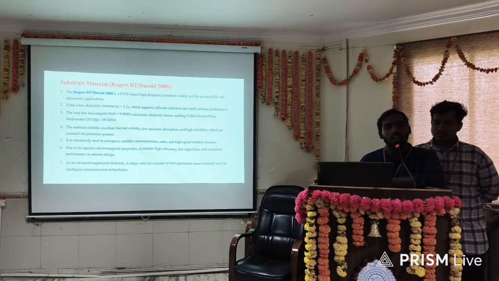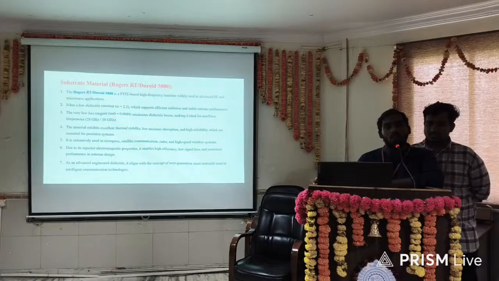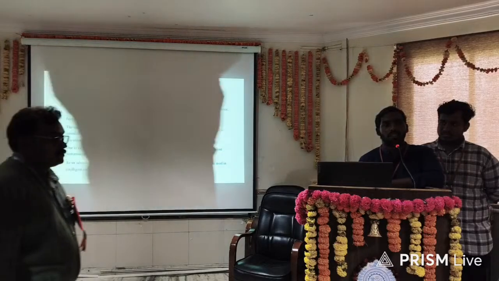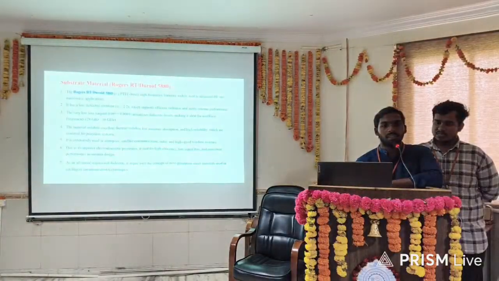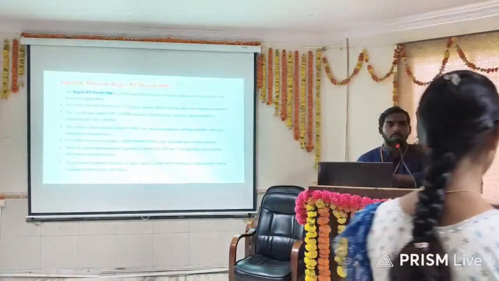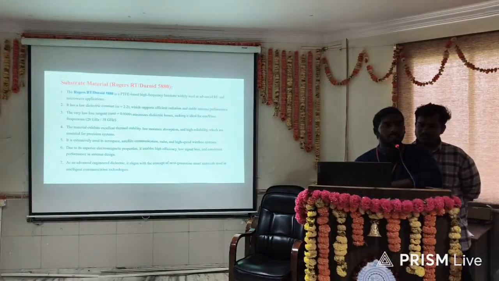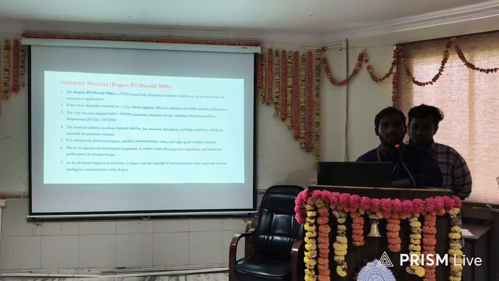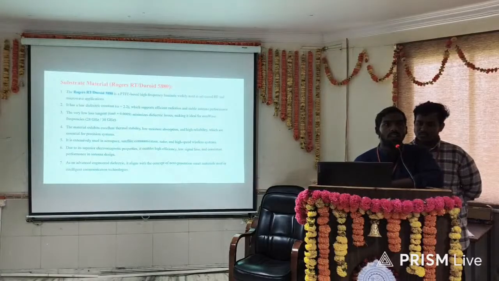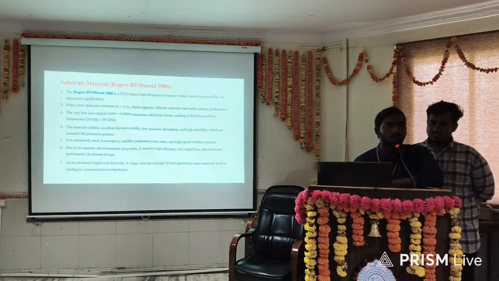It has low dielectric loss and a very low loss tangent, which makes it ideal for mmWave applications, that is 28 GHz and 38 GHz, which are used in our project. This material exhibits excellent thermal stability, low moisture absorption and high reliability. Due to its superior electromagnetic properties, it enables high efficiency, low signal loss, and consistent performance.